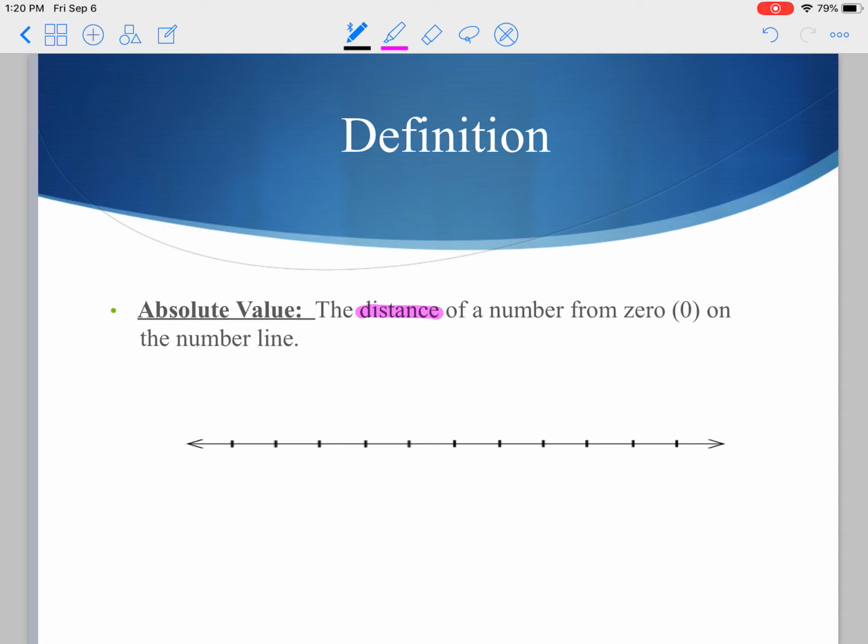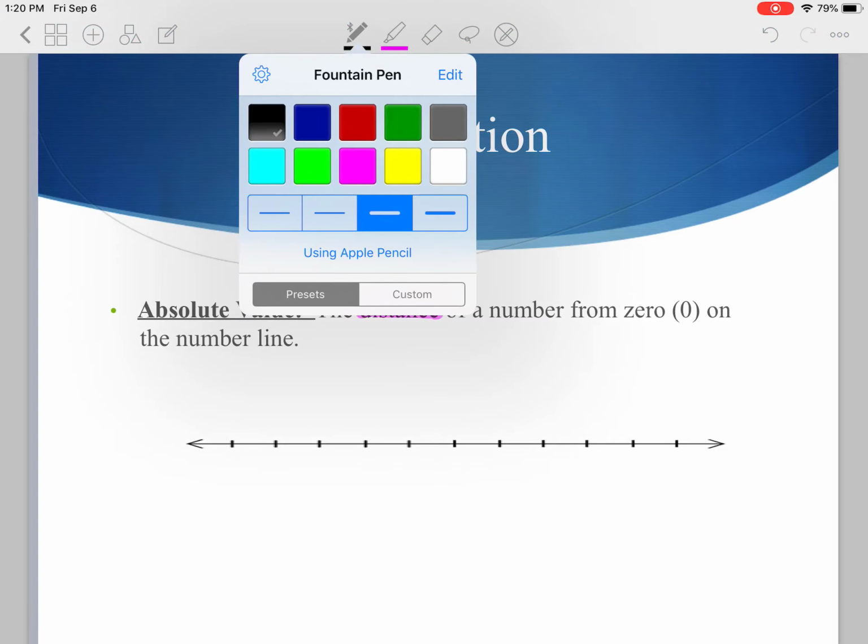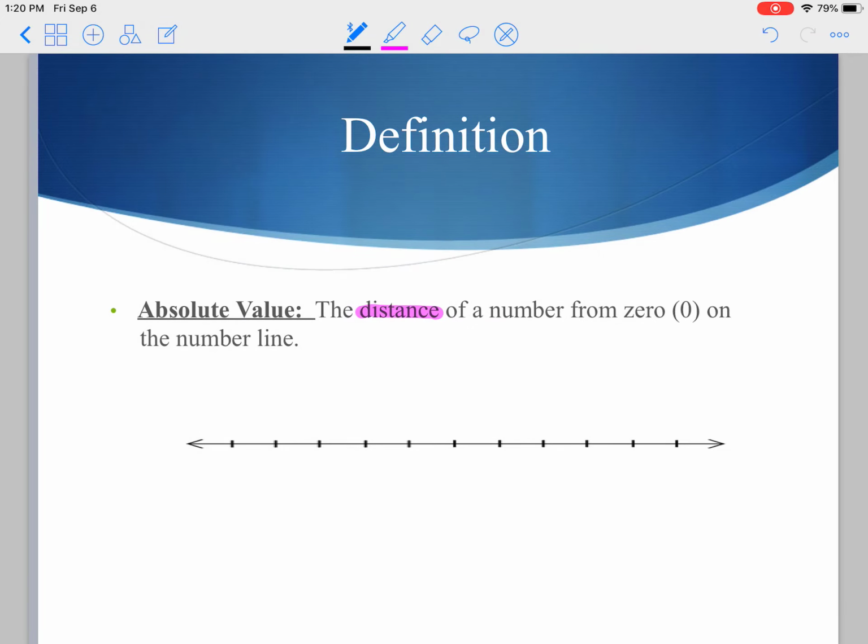And so we could apply that concept when thinking about absolute values. If I consider 0 being in the center of this number line, I can then move two directions from 0. I can move to the right or the positive direction.